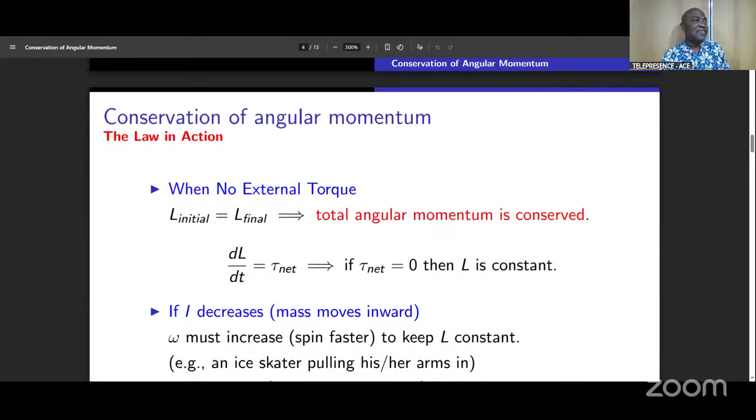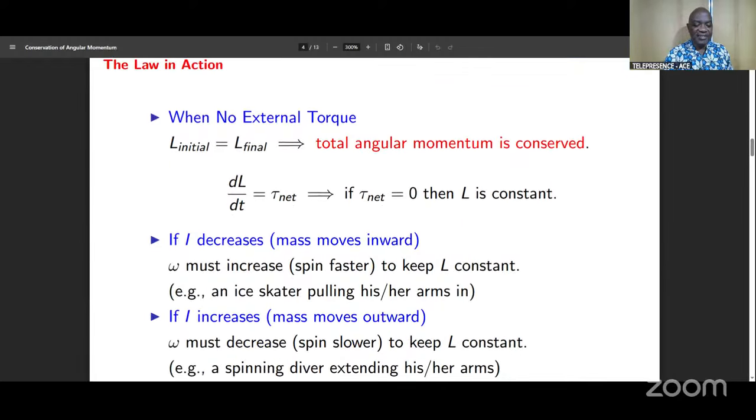Okay, and since L is I omega, another way of saying this is that I1 omega 1 equals I2 omega 2, where 1 and 2 refer to different times. So the point is that the product of I and omega remains constant.